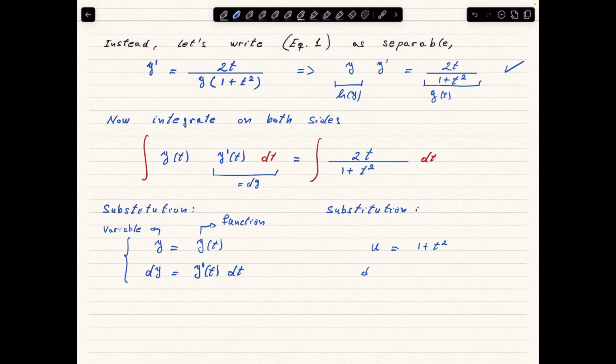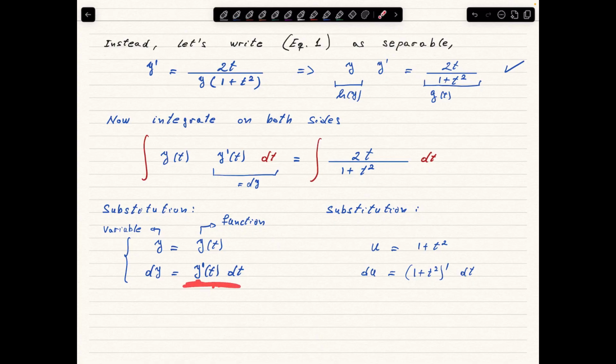And then what is going to be the du? Well, what we need to do is compute the derivative of 1 plus t squared times dt, which is what we did here.